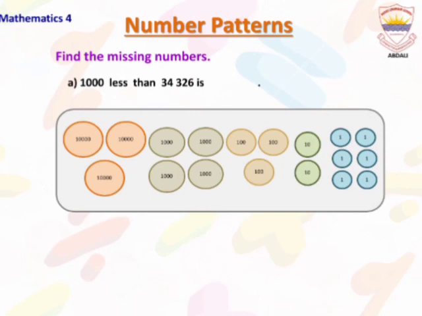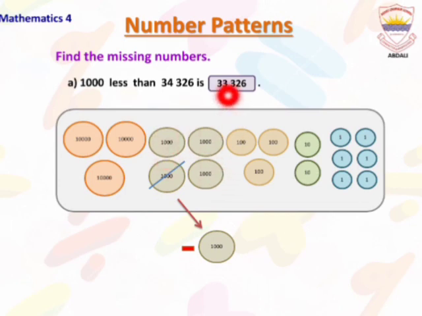Now we take away a 1000 number disk. When we take away a 1000 number disk, the total counted is 1, 2, 3.